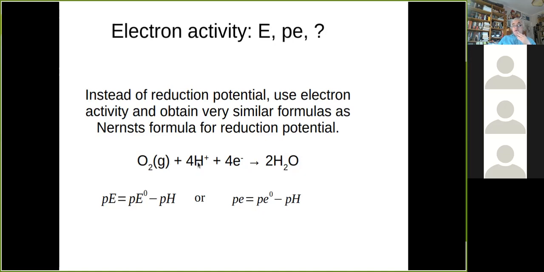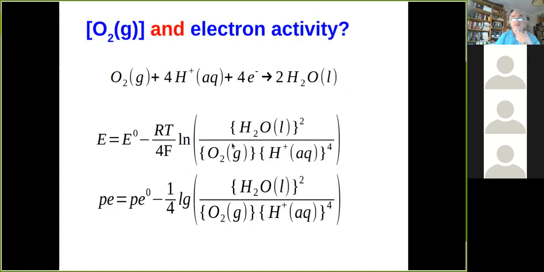The hydrogen ions do actually affect the ability of oxygen to be reduced to the type of -2 oxygen that is present in water. If you look at the next picture, it's the same formula.